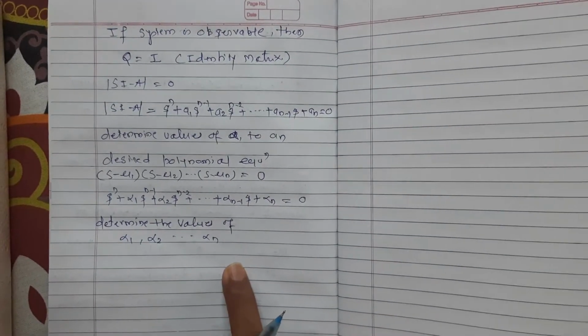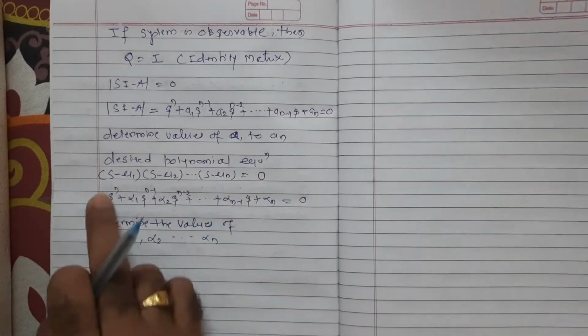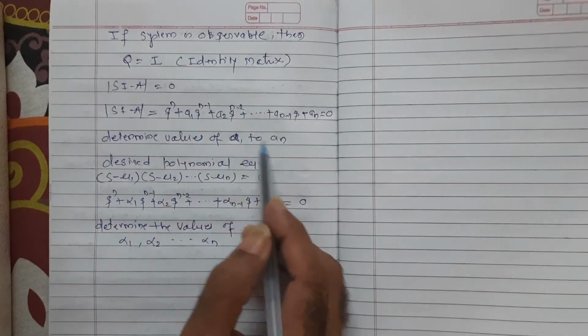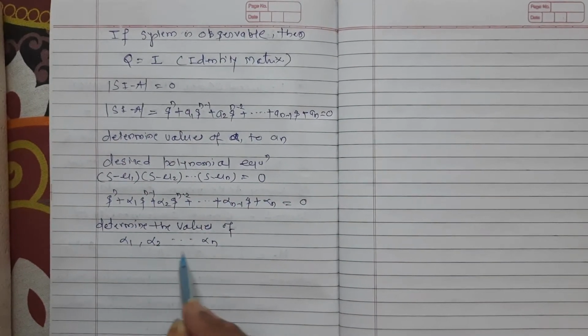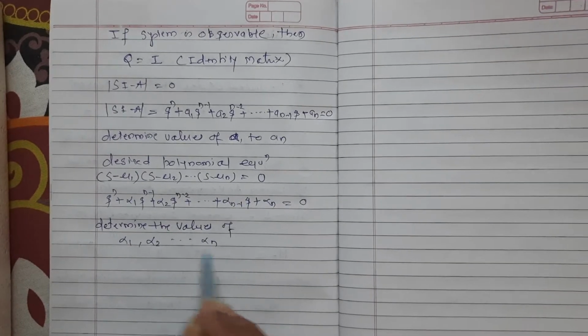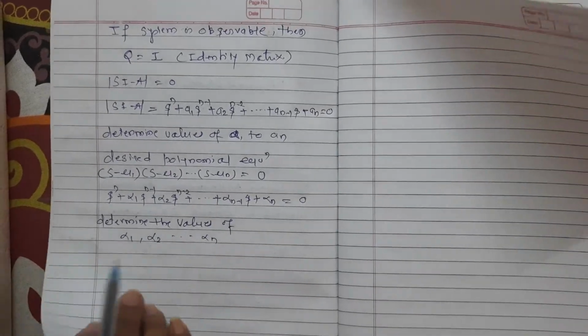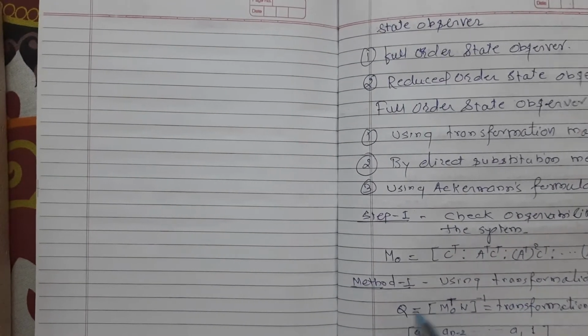This value we can find out. Now we know the values of a1, a2, a3 from the characteristic equation, and we have the values of alpha 1, alpha 2 up to alpha n from the desired polynomial equation, and we have calculated the value of Q from this equation. Q means the transformation matrix.